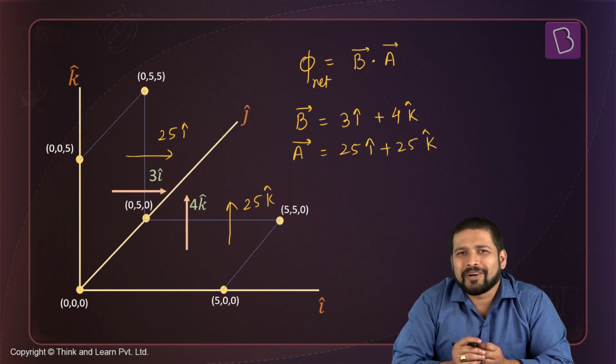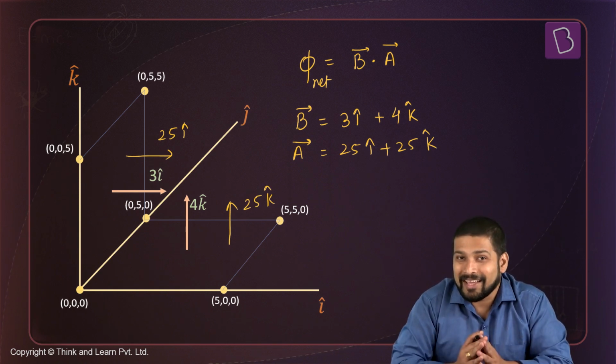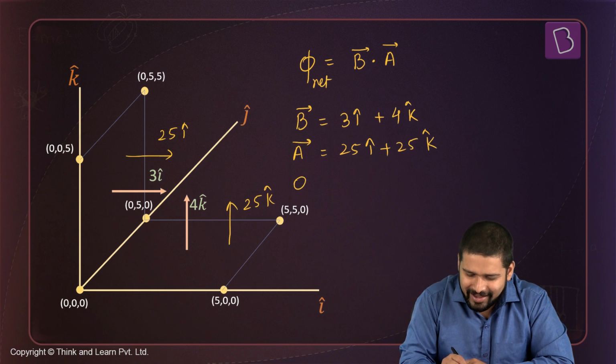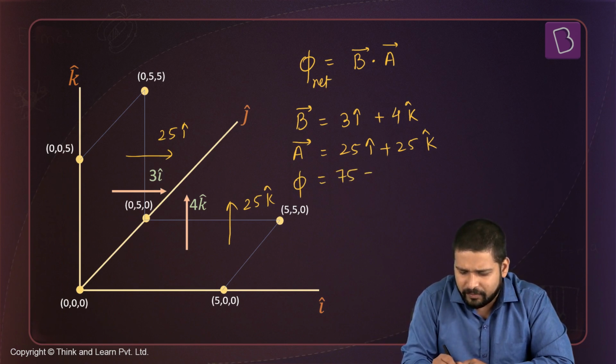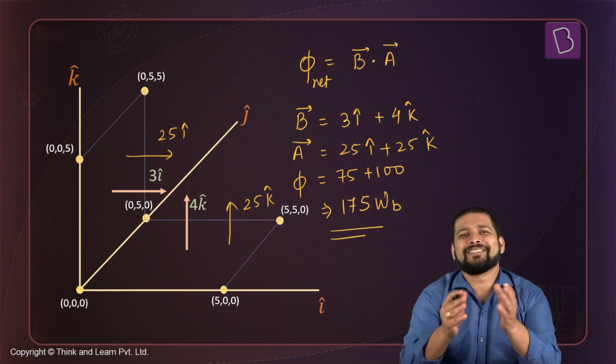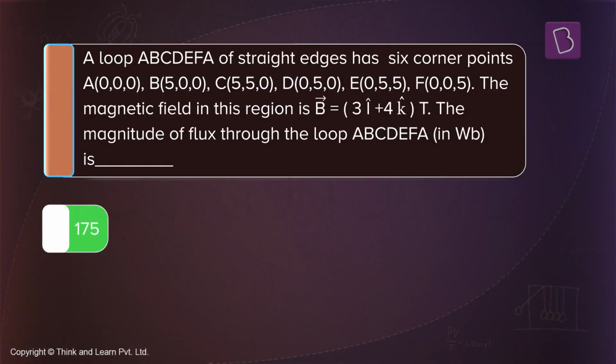Let's just find the dot product. So i goes with i and k with k, so you get phi equals 25 times 3, that's 75, plus 100, right? So this is equal to 175 Weber, and that's the answer to this question.